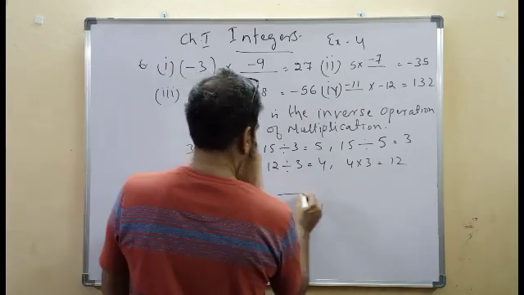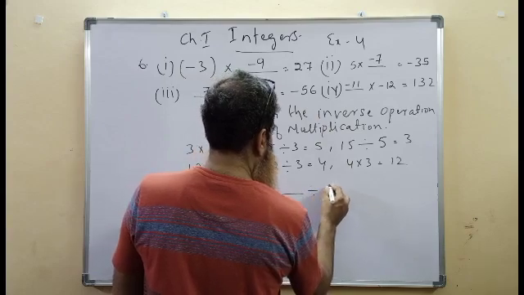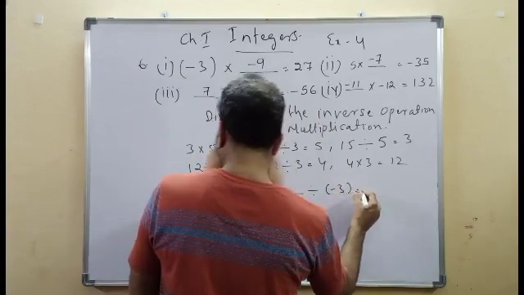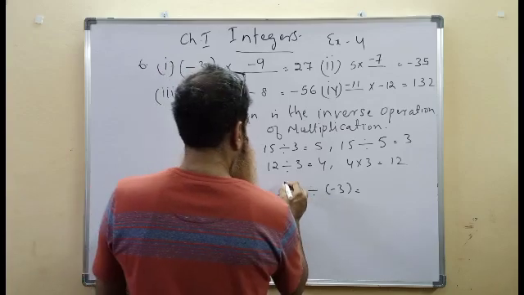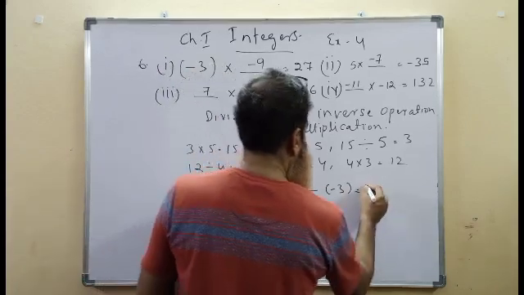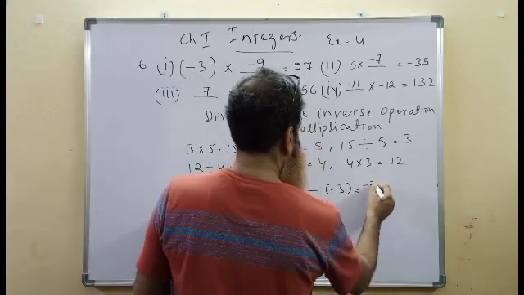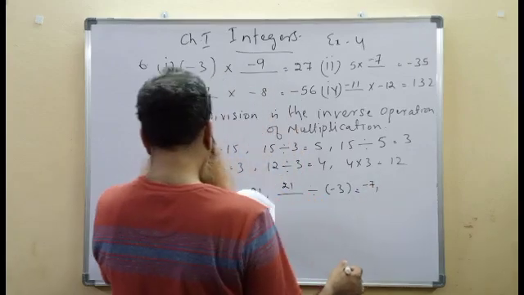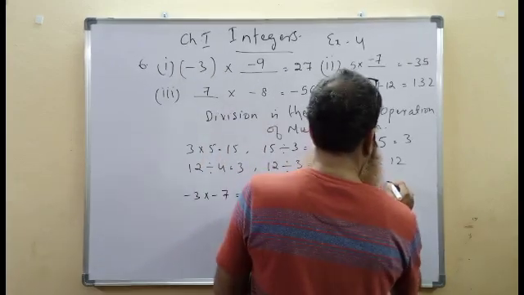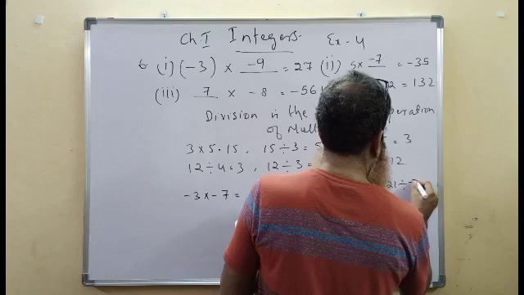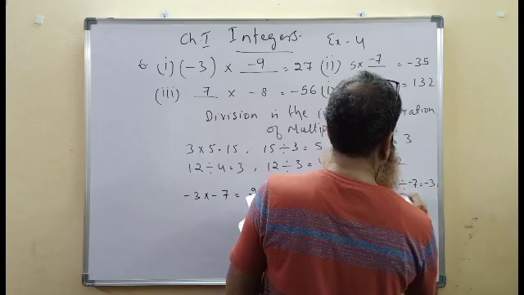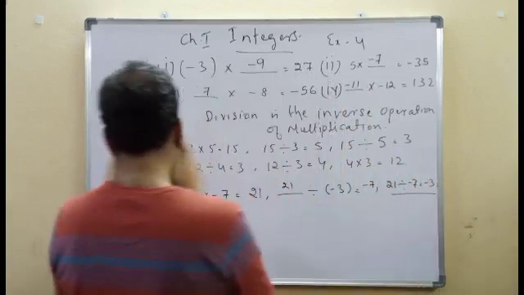And 21 divided by minus 3 is equal to minus 7, and 21 divided by minus 7 is equal to minus 3 in the other blank.